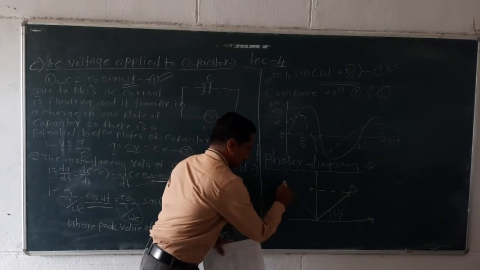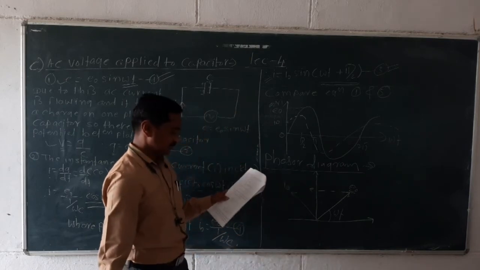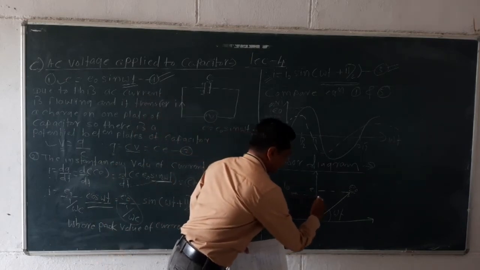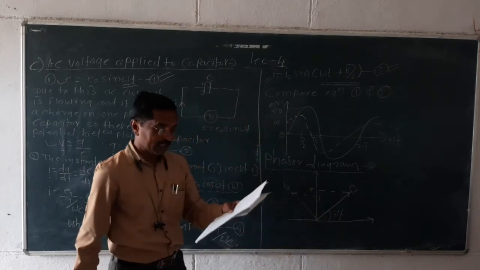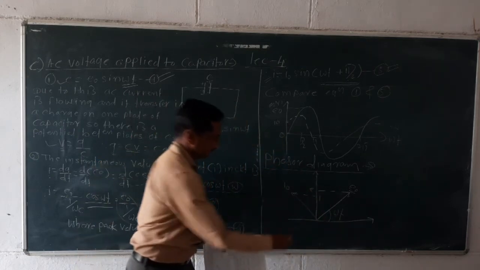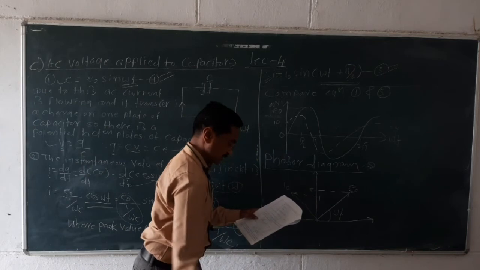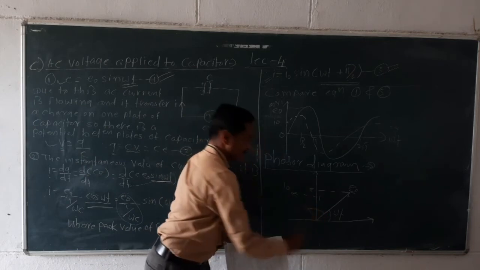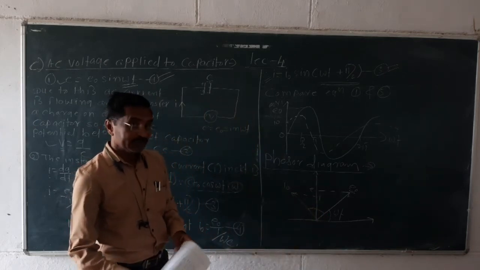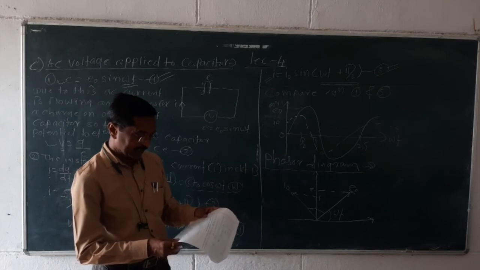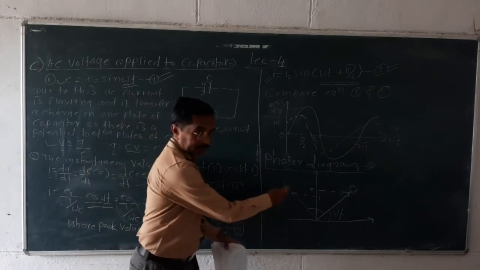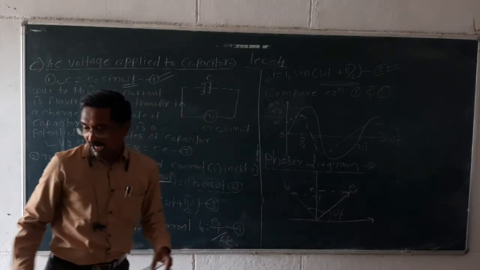Okay, this is the maximum value and the projection of it on this axis, it gives the instantaneous value. Okay, pi by 2 ने करंट लीड्स ला असणार आहे, पुढे असणार आहे. This is the phasor diagram. Then again, how it is remember?